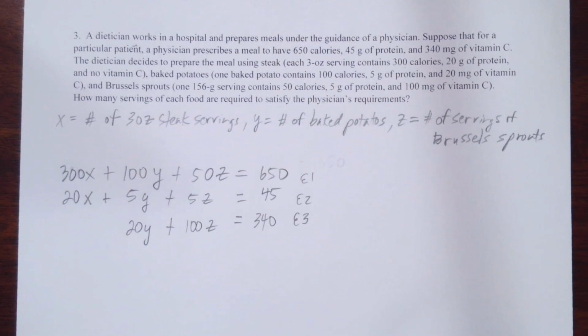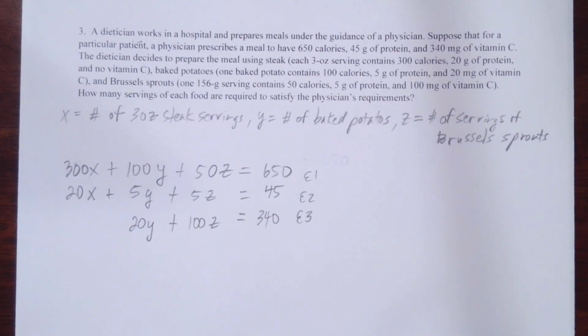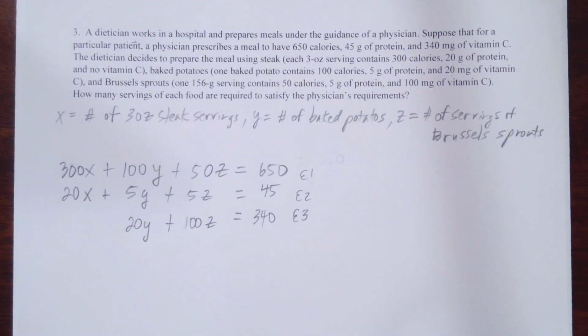So I'm just going to put up my solution and go through it. On the test, you would be able to use technology to solve this, which is something I'll be showing you shortly in another lesson.